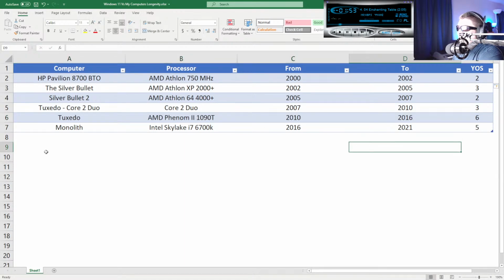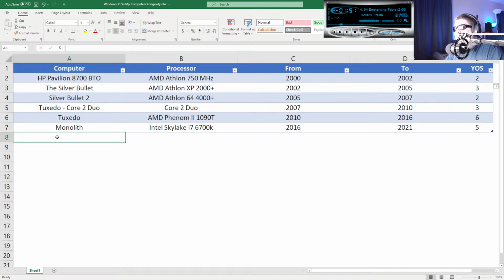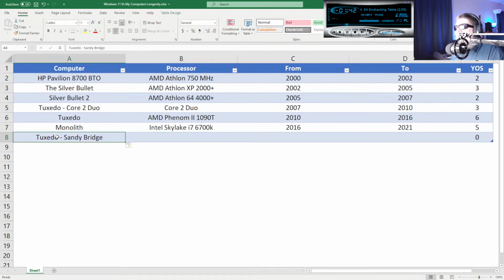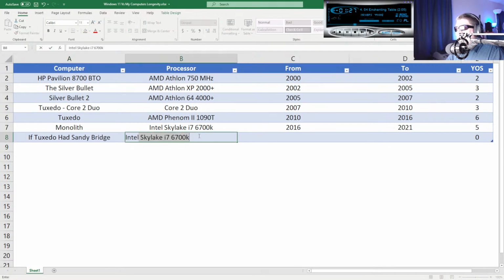And I can tell you, let's do a theoretical here with Tuxedo with a Sandy Bridge. If Tuxedo had an Intel Sandy Bridge, let's suppose we went with the Intel Sandy Bridge i7 2600K.